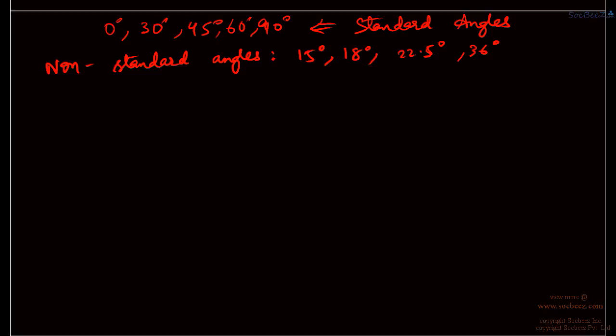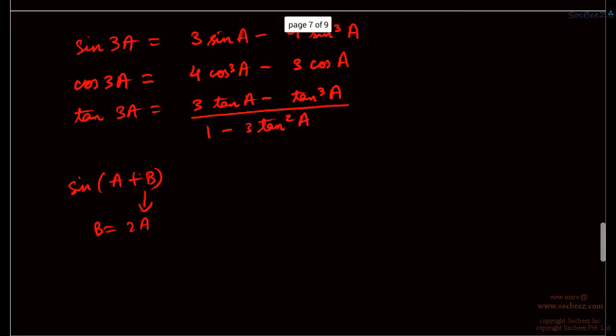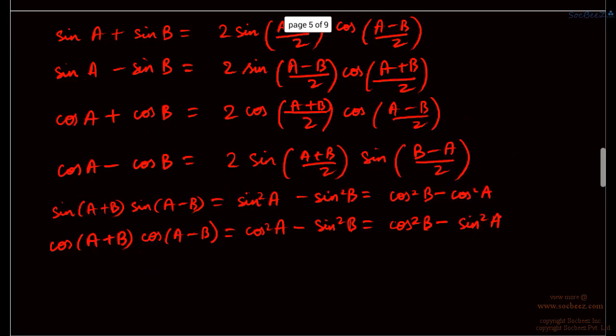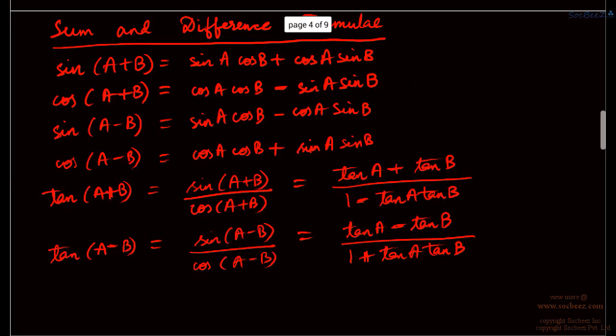Now actually you need not memorize these values. Memorizing doesn't hurt, but if you don't remember them, you should at least know how to derive them. So I'll just do it for, say, sine 15 degrees. Now how do you find out sine 15 degrees? We use the formulae we just discussed.